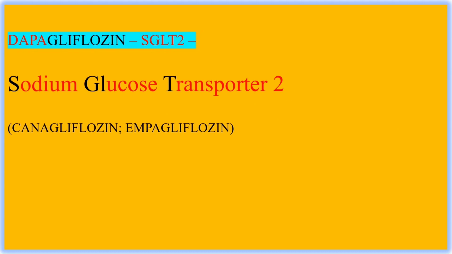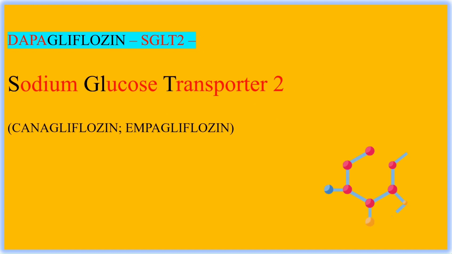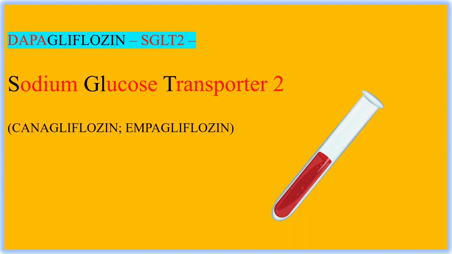This sodium glucose transporter 2 is a protein which is responsible for reabsorption of the sugar in the kidney. So, by inhibiting this protein, there will be a reduction in the reabsorption of sugar from the kidney and there will be more excretion of the sugar. Hence, the patient will get good control of his sugar level.